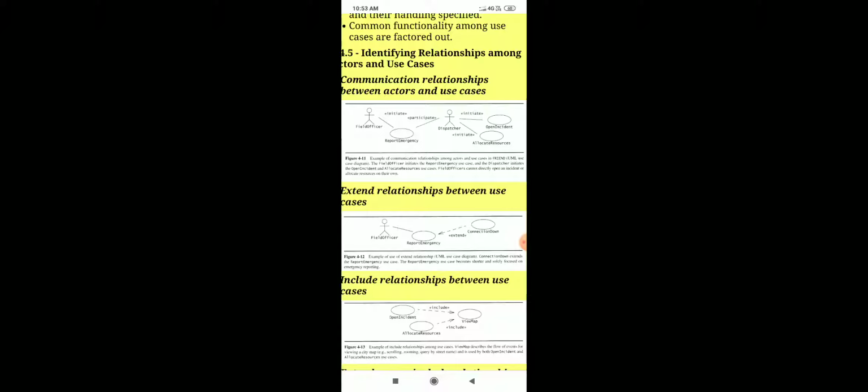Field officers cannot directly open an incident or allocate resources on their own. So a use case extends another use case if the extended use case may include the behavior of the extension under certain conditions. The extension is shown in the figure like this, extends.